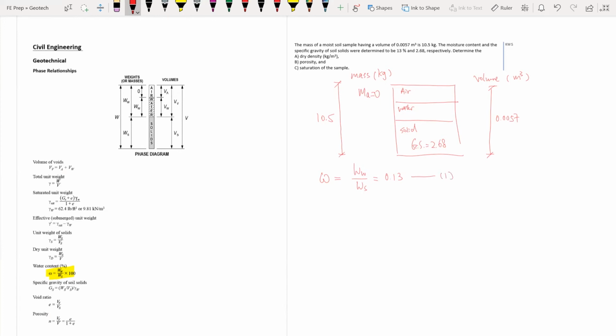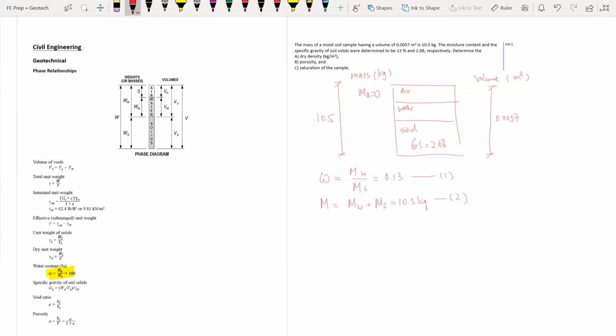Here we use our first equation, and since the water content is related to the mass, we better stay with mass here. It gives you the total mass of 10.5 kilograms, so we can set up another equation. The total mass equals the mass of water plus the mass of the solid, which equals 10.5 kilograms. Then we realize we have two equations and two unknowns, so pretty much we can solve for all the masses.